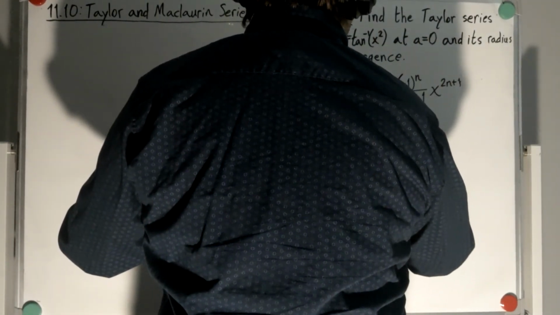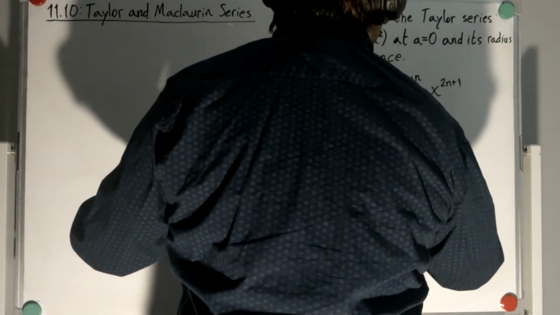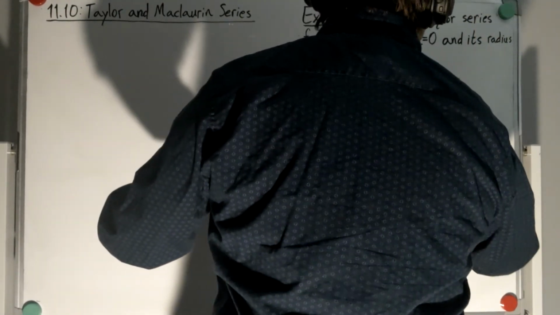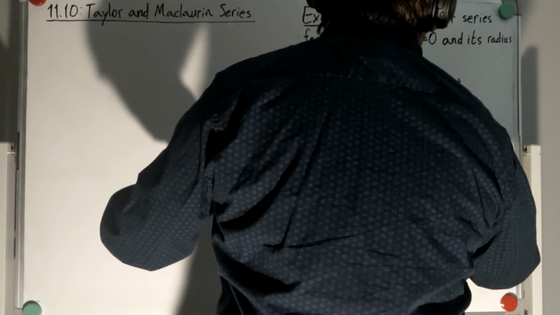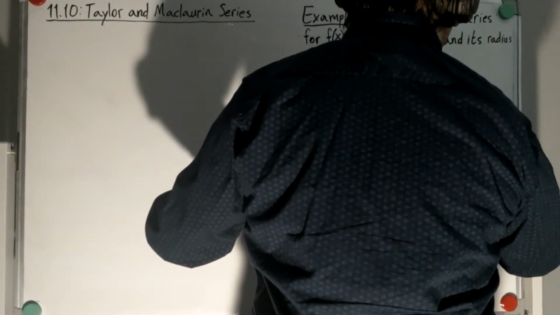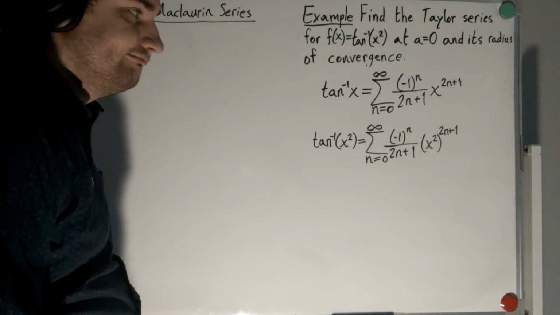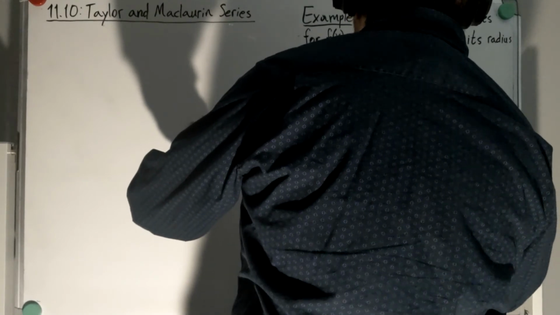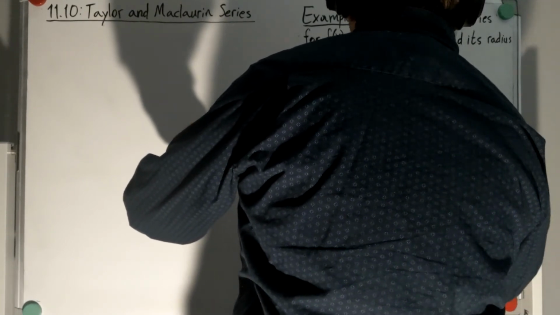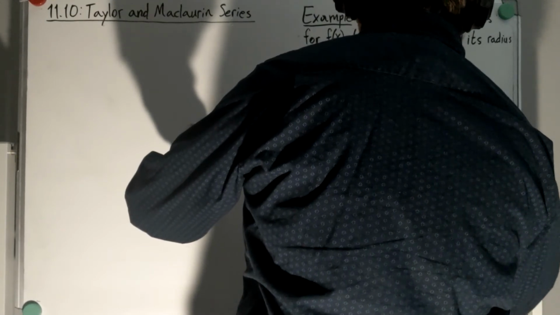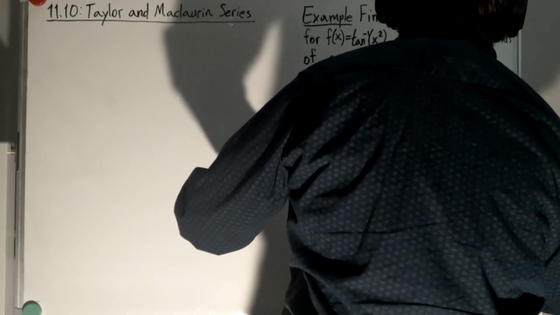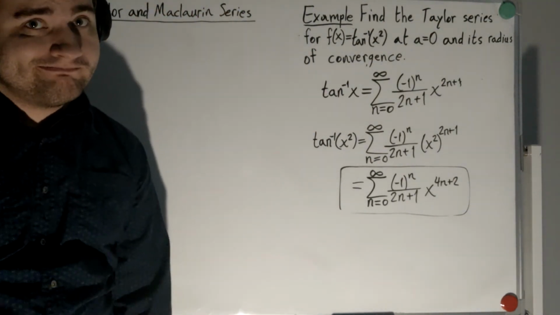So this ends up being the sum from n equals 0 to infinity of negative 1 to the n divided by 2n plus 1 times x squared to the 2n plus 1. And then if you multiply the exponents, you can write that more succinctly as the sum from n equals 0 to infinity of negative 1 to the n divided by 2n plus 1 times x to the 4n plus 2. And that is our power series representation for the arctangent of x squared.